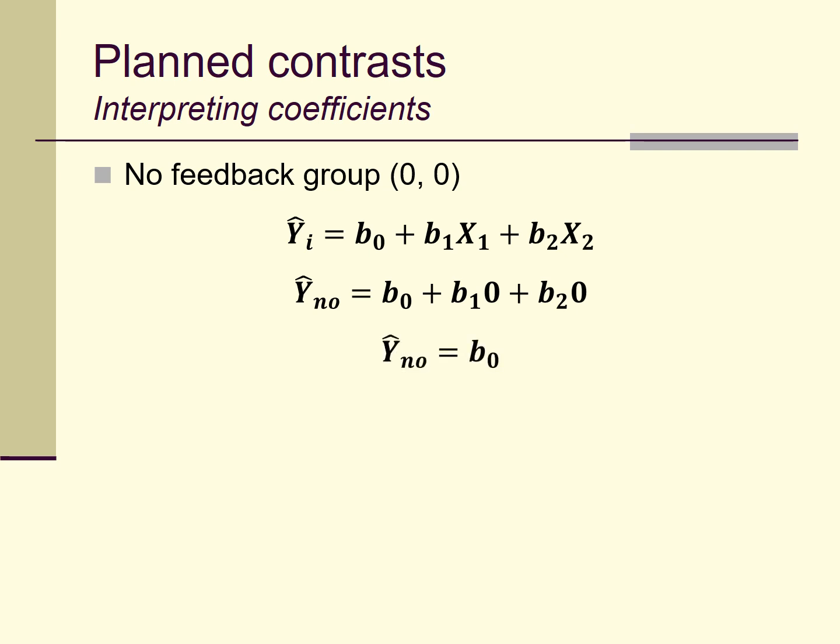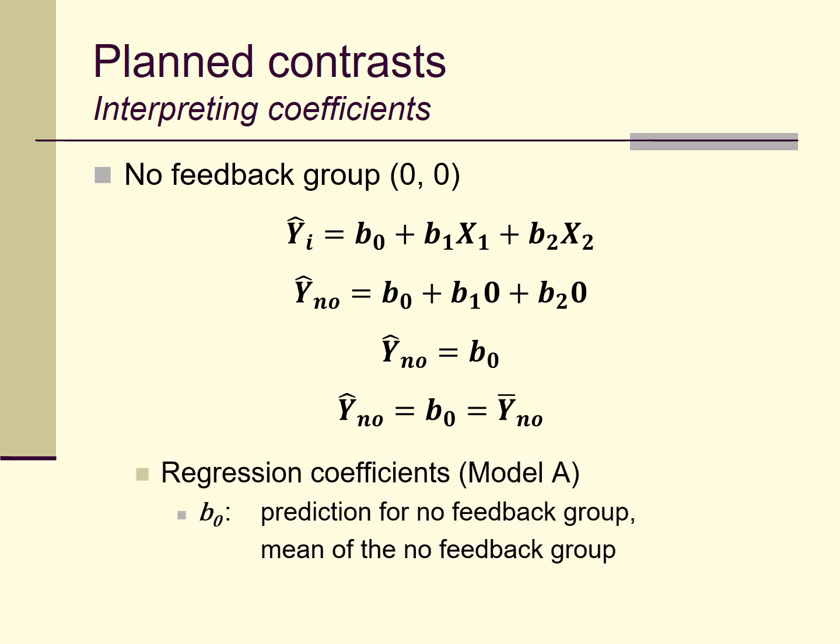So I know that the predicted level of perseverance or task persistence for people in the no feedback group is going to be equal to b sub 0, and I know that that's equal to the average for the no feedback group. So what's this mean? Well, b sub 0 is going to be the prediction for the no feedback group, or equivalently the mean for the no feedback group.